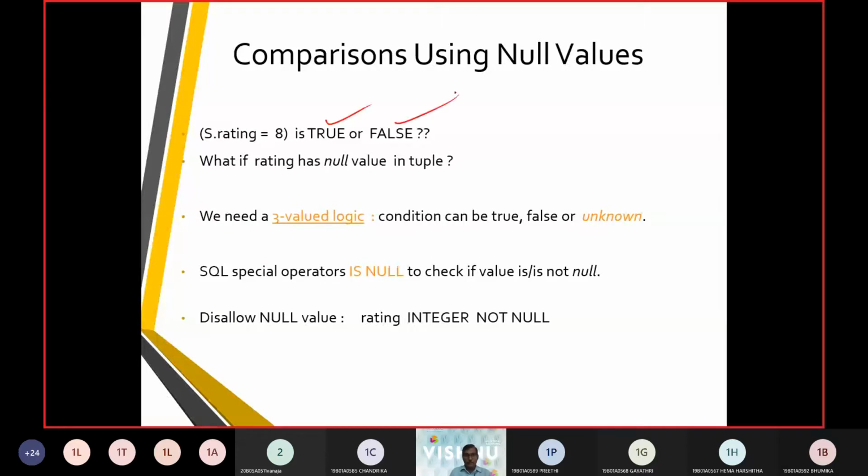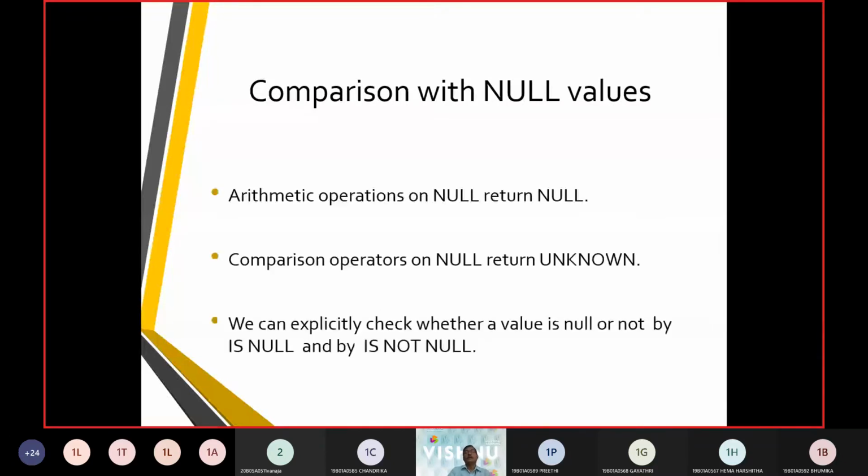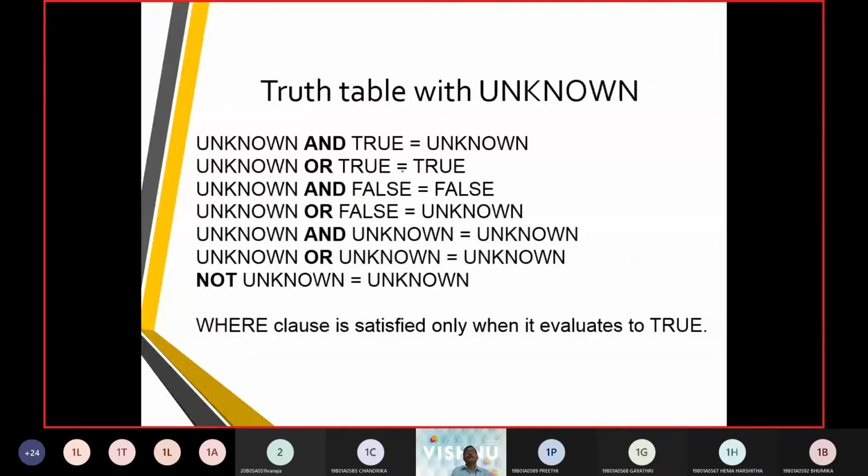Yes, it is compared. How is it compared? It is compared with unknown and true. Unknown is nothing but null. So this is the truth table where unknown or null is going to work.